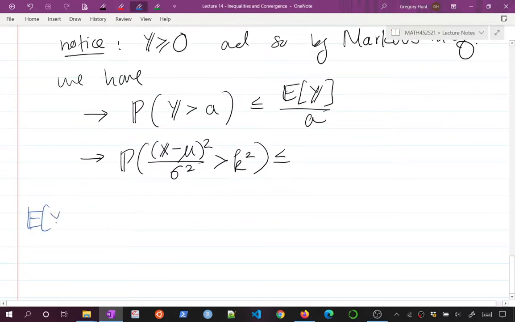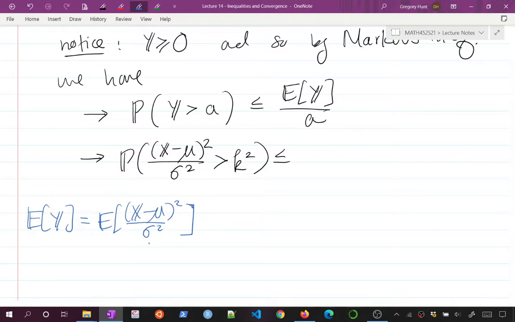The expected value of y is the expected value of x minus its mean squared over sigma squared. Now, certainly we can pull out that sigma squared, so it's 1 over sigma squared times the expected value of x minus its mean squared.